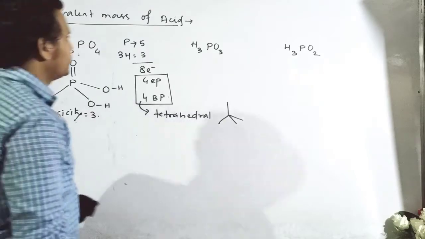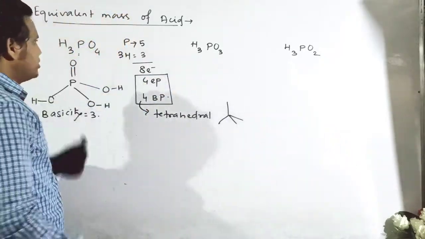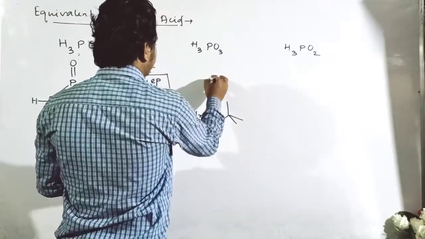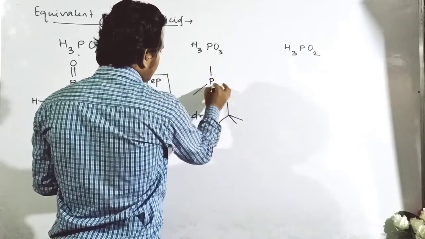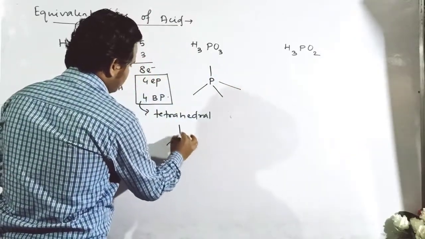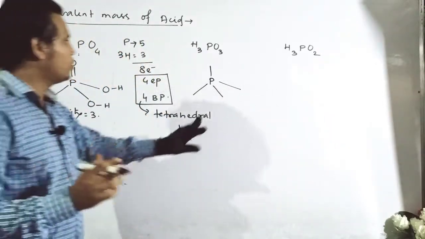Next, this one. 5 plus 3, 8. Same tetrahedral pattern this way. So the shape will be tetrahedral. P 1, 2, 3, 4. Now first fill the space with oxygen.